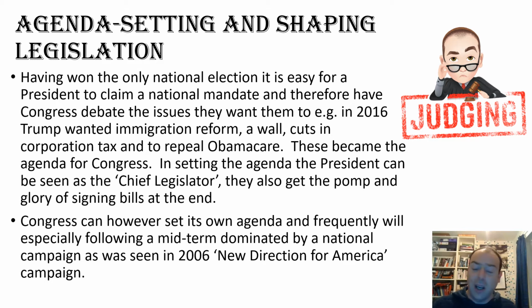We saw it back in the 90s with the Contract with America, when the Republicans won the midterms and turned on Clinton. So we get that as well, where we've got this fight to set the policy agenda, and that can depend on the circumstances of the time. So it's one of these things that we can show changes over time. And again, it's all to do with the numbers.